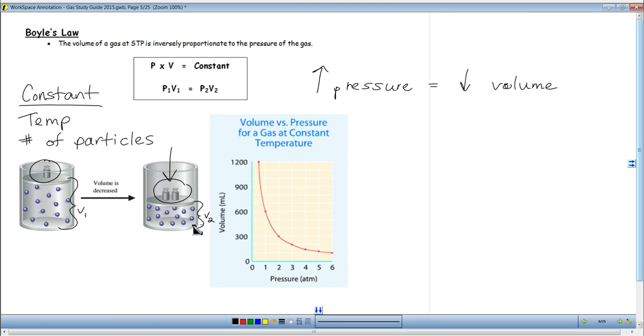I also need to keep the temperature constant. What if I apply pressure, which would make me think that the volume should go down, but I also jack up the temperature? And we know that temperature is a measure of average kinetic energy. So if I increase the temperature, I should be increasing the movement, the kinetic energy of the particles.